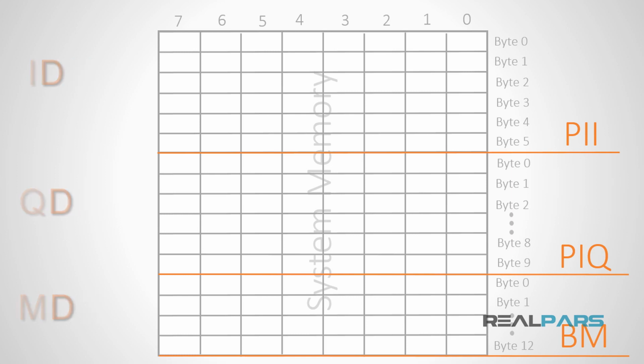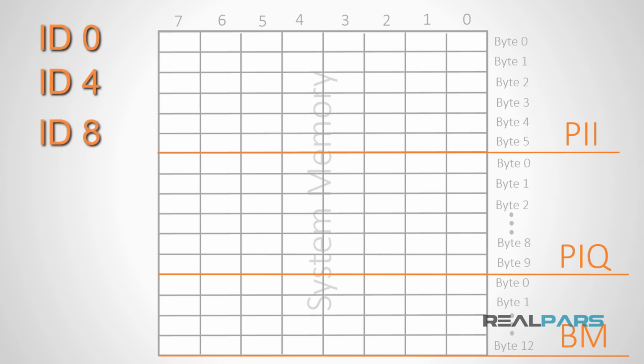For instance, if we want to address the inputs using this method, we can use ID0, ID4, and ID8. We can have the same method for addressing outputs and bit memories as well.